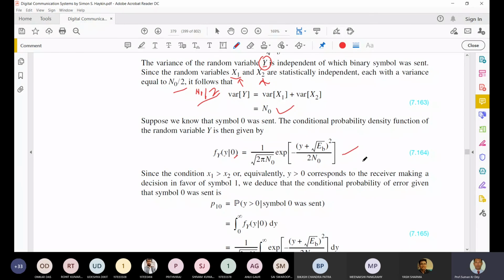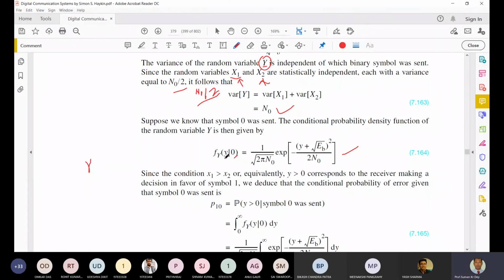Now, since the condition is s1 greater than s2, in that case we can say y is greater than 0. We already discussed when the receiver will consider the 0 symbol or the symbol 1.